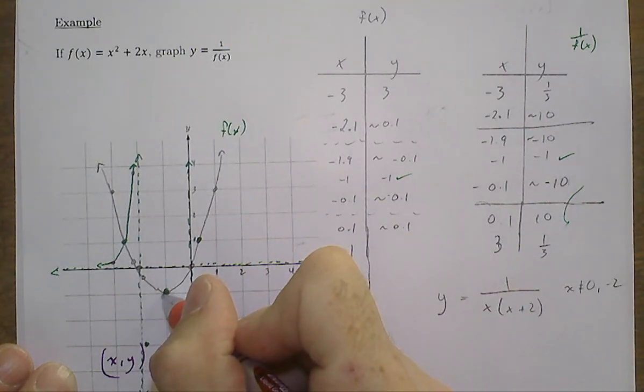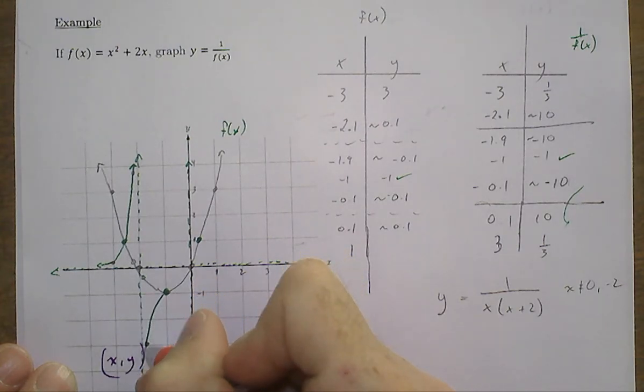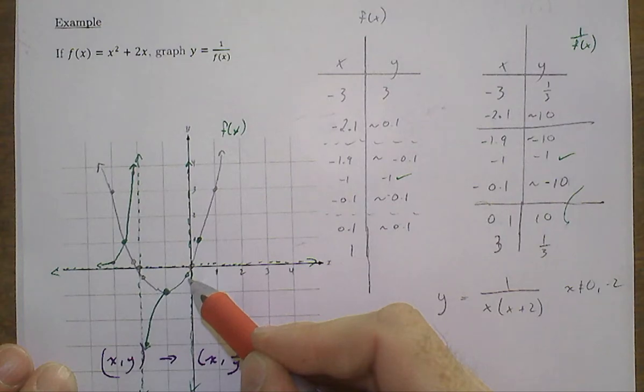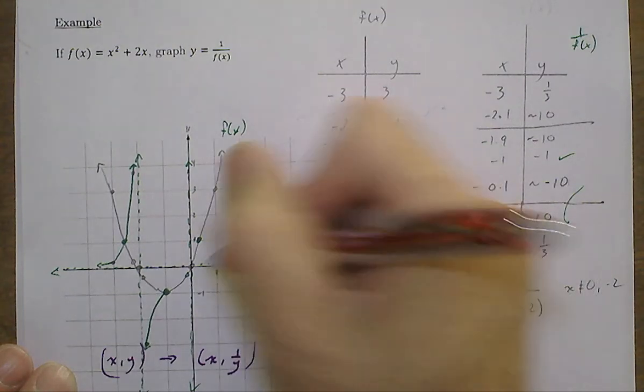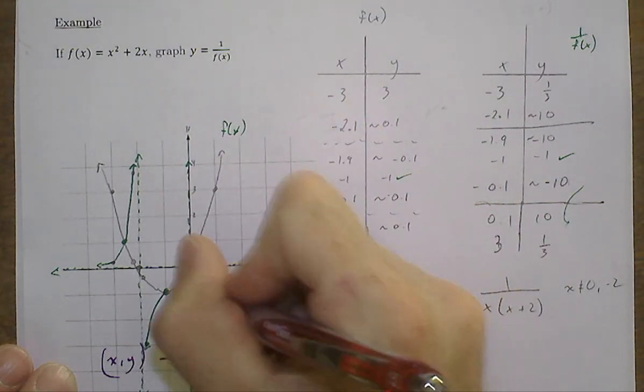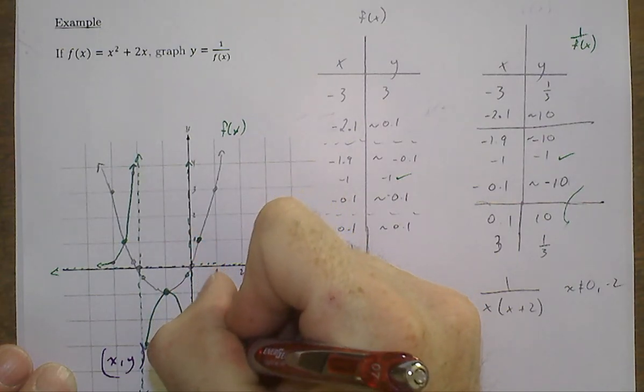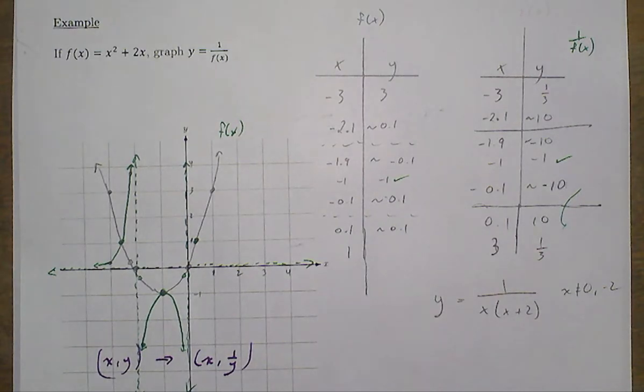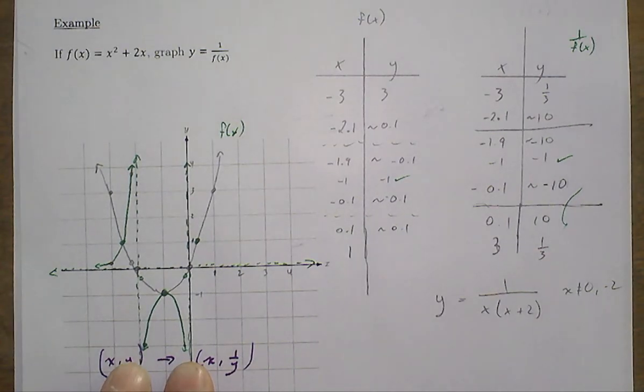So what I know is that my graph will open like that. Now over here, what is my y value? My y value is negative a quarter again, so when you take your reciprocal, it goes down here. It doesn't need to be negative a quarter, it could be negative a tenth, but still you're going to have a parabola shape in the middle, opening downward, that approaches the asymptotes.